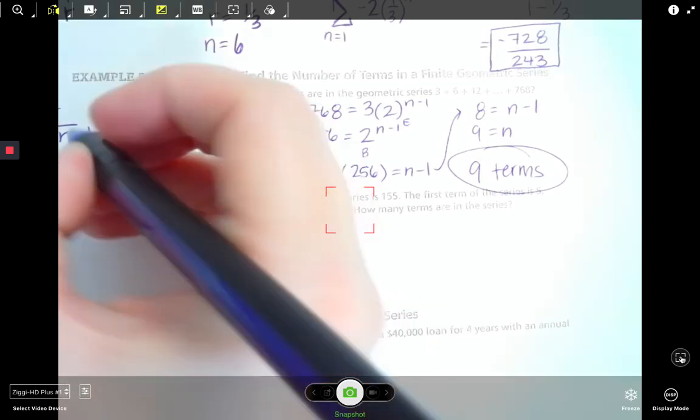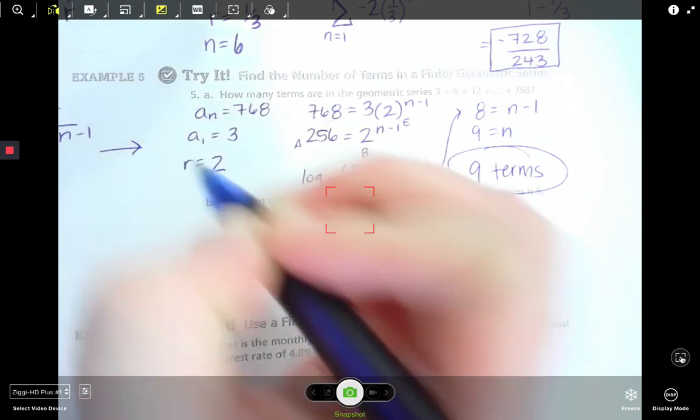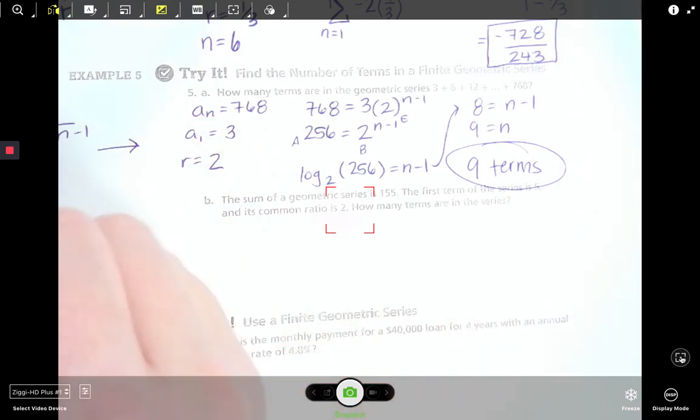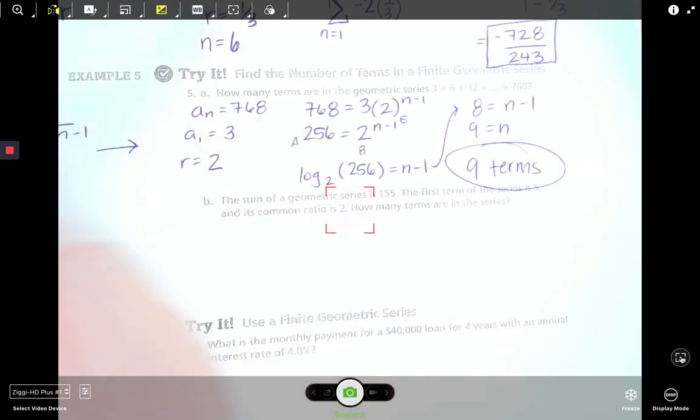So we use the explicit formula for A, but for B, they're talking about the sum. So we're going to have to use the formula for the sum of the geometric series.